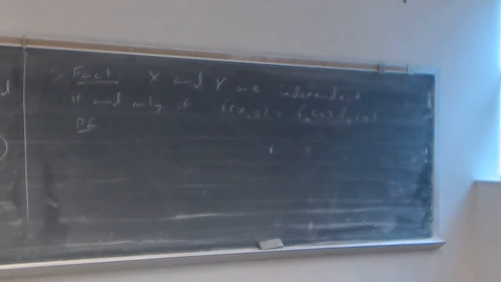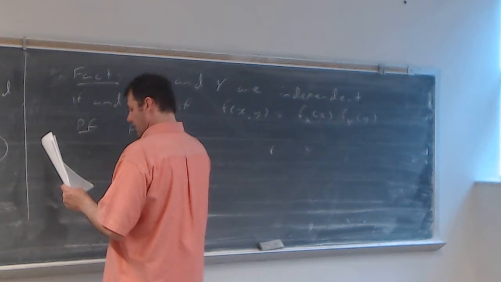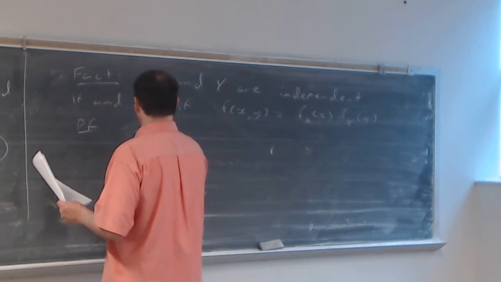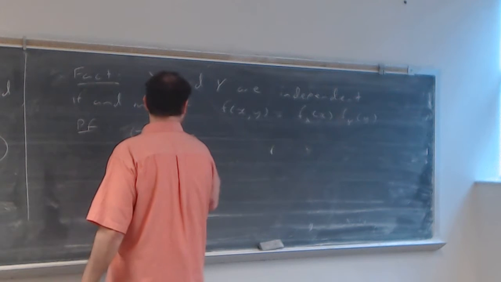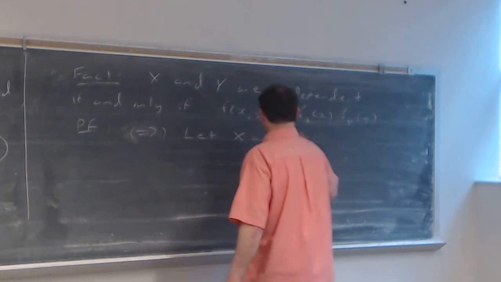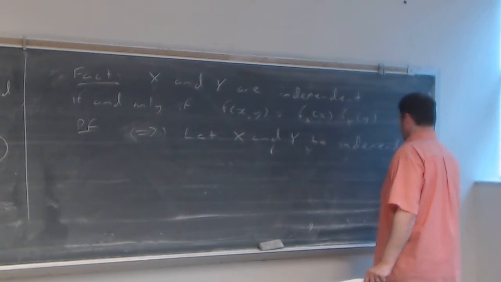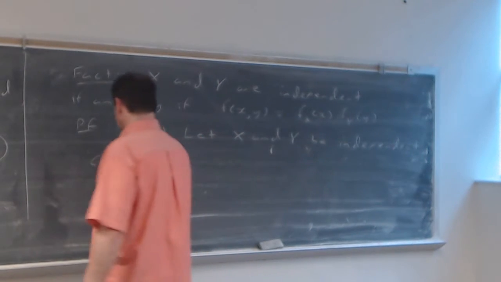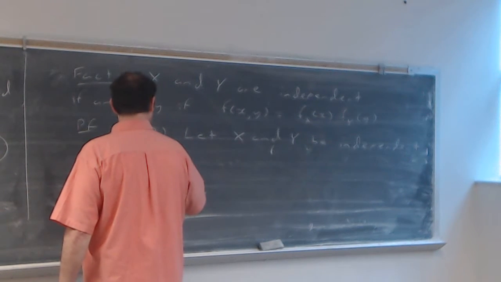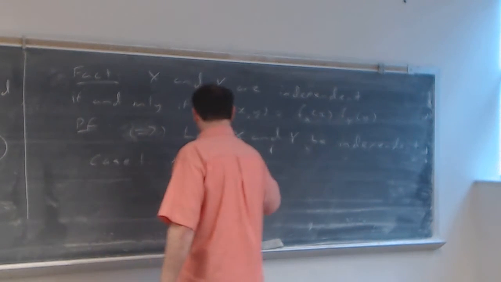Here we're thinking that X and Y are both discrete or both continuous. First of all, I'll go in this direction. Assume X and Y are independent. Consider two cases. Case 1, X and Y are discrete.